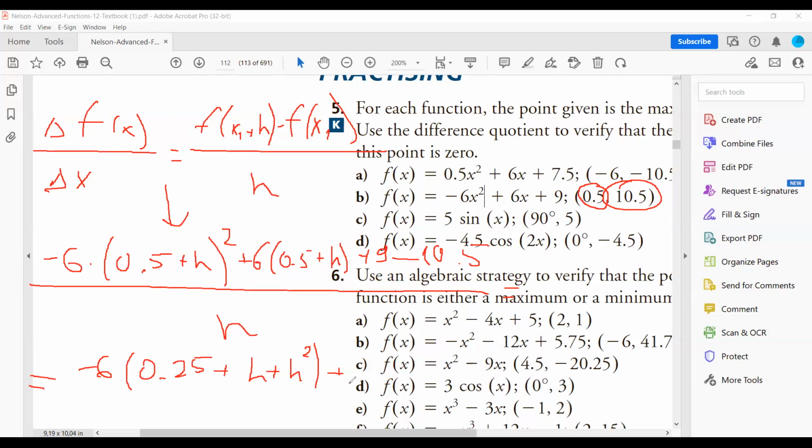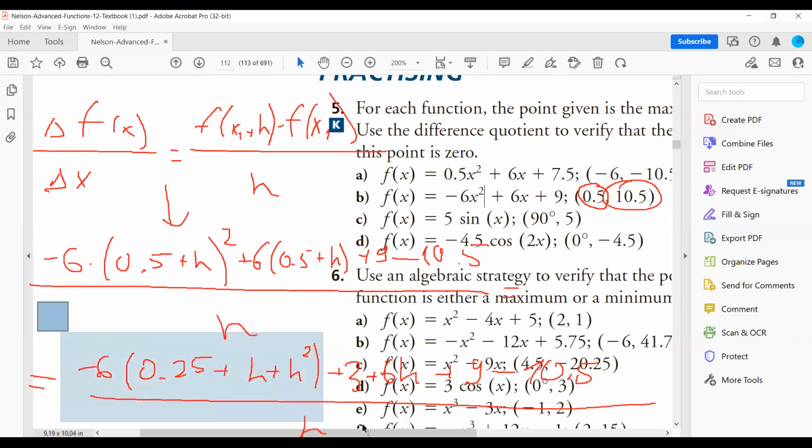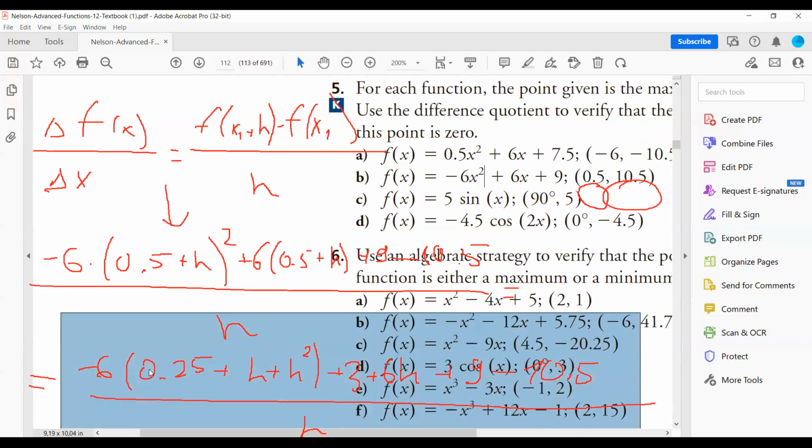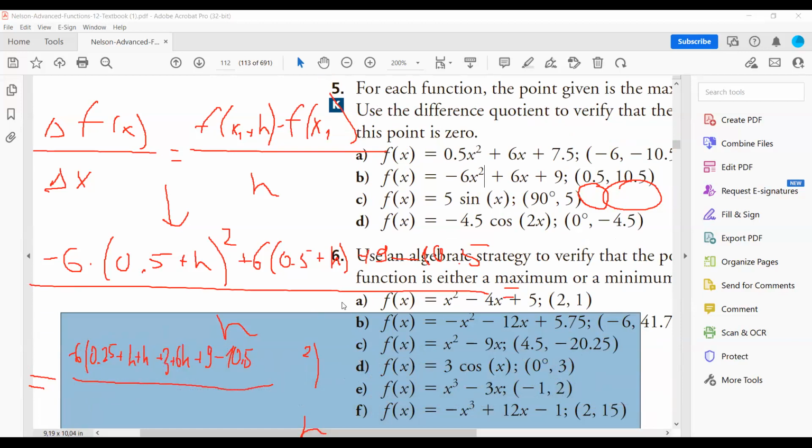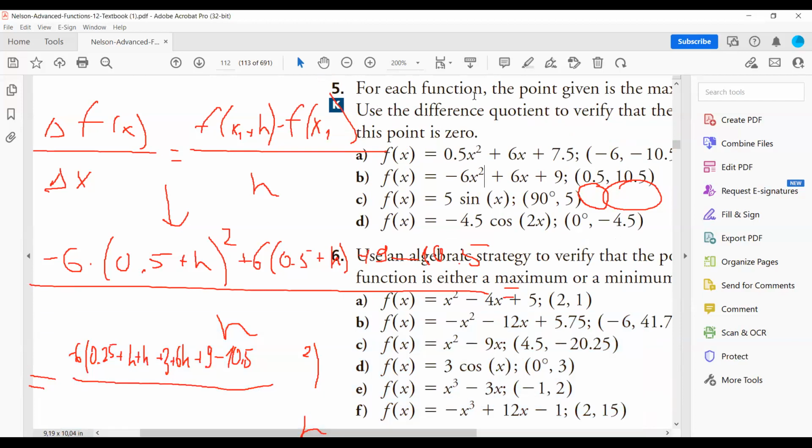We're gonna have plus 3 plus 6h plus 9 minus 10.5 divided by h altogether. You want to shrink it a little bit? Squared here, plus 3 plus 6h plus 9 minus 10.5.